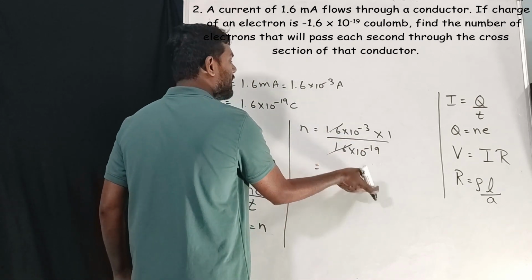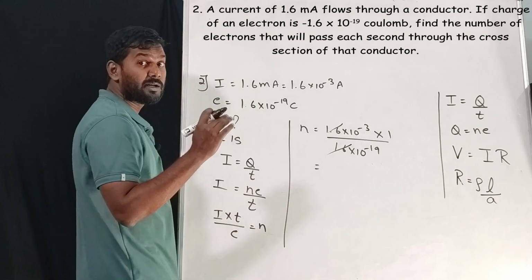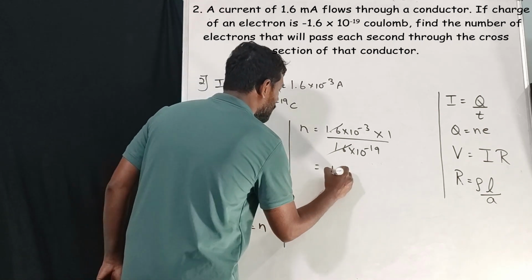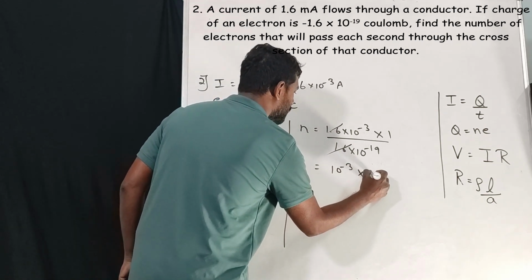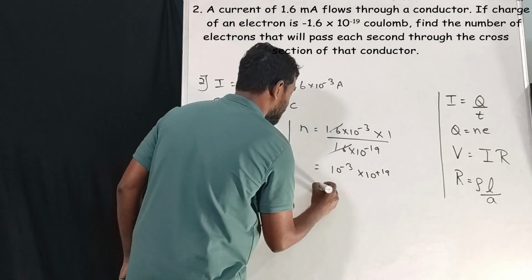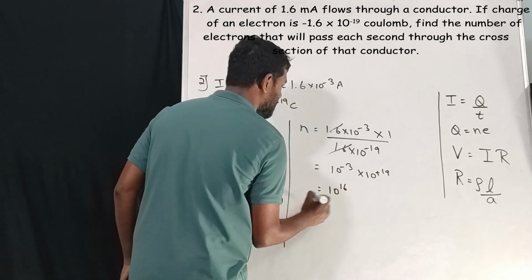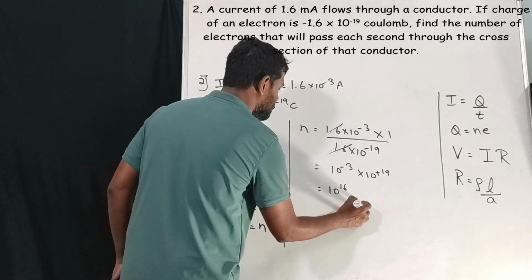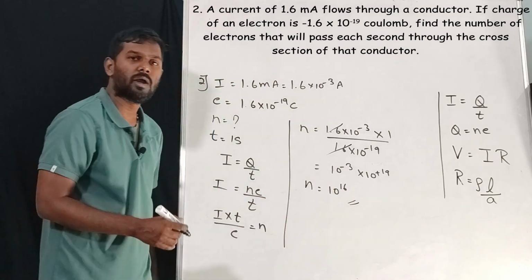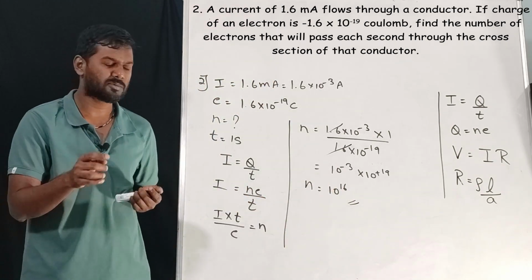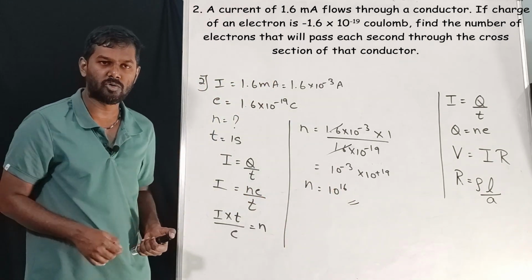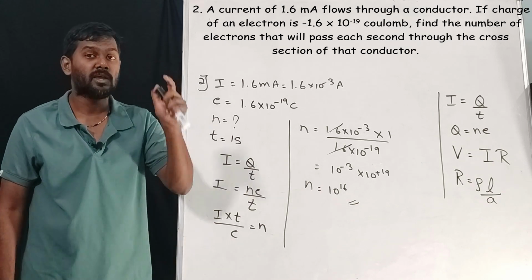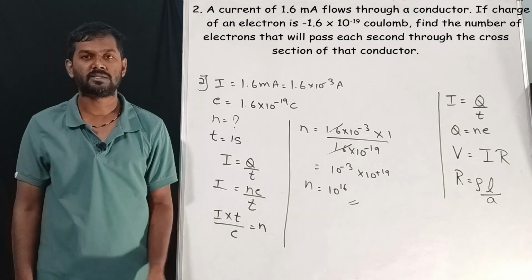This 10 power minus 19 goes to the numerator and becomes 10 power plus 19. So 10 power minus 3 into 10 power plus 19 becomes 10 power 16 electrons. That's it, the N value is 10 power 16. You can write in the exam as conclusion: the number of electrons flowing in each second is 10 power 16.